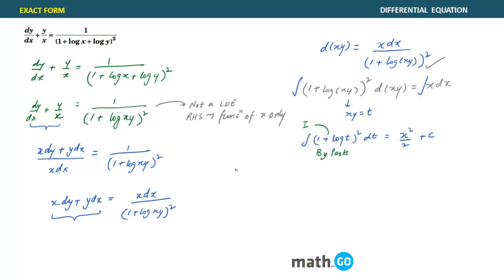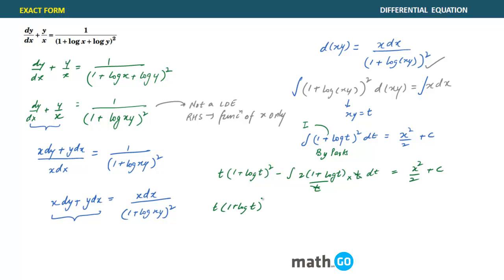So the integration of this will be (1 + log t) whole square into the integral of 1 dt, that is t, minus the derivative of this, that is 2(1 + log t) divided by t, and the integral of this, t dt, right? This is nothing but x square by 2 plus c, we have already calculated. So this is solvable. This t and t get cancelled out, and the other stuff that is given to you is completely solvable too.